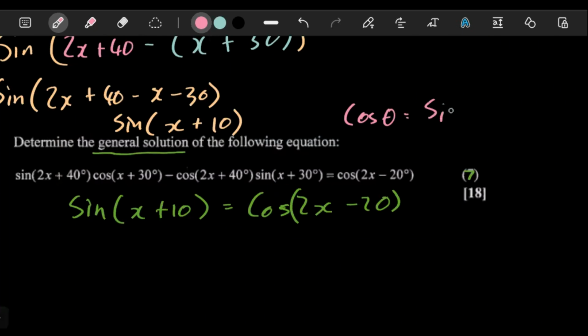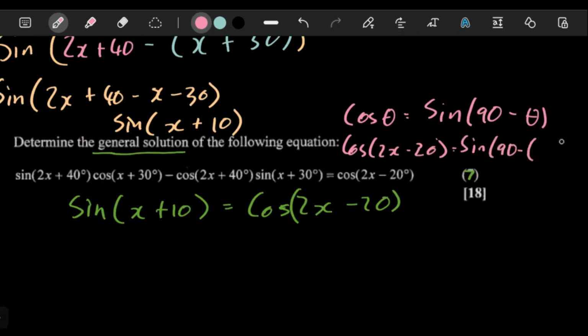So this is just going to be sine of 90 minus the angle there. The issue is here we have 2x minus 20. So cos of 2x minus 20 is just sine of 90 minus your 2x minus your 20. Let's close this bracket over there. So that's what you're going to do on the right-hand side.